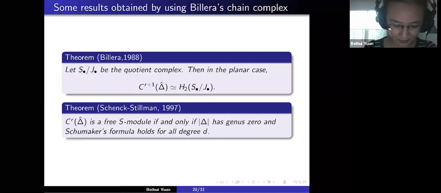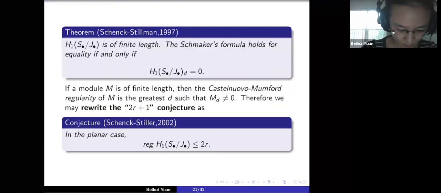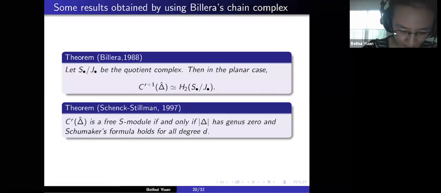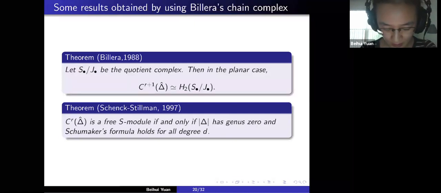And how do we use this? Billera proved that if we consider the quotient complex, because this is a subcomplex, right? So you can consider the quotient complex. And in the planar case, our graded module is isomorphic to the second homology of this quotient complex.